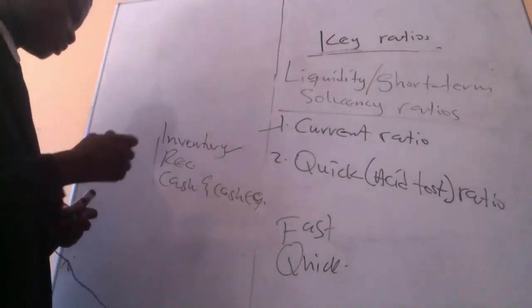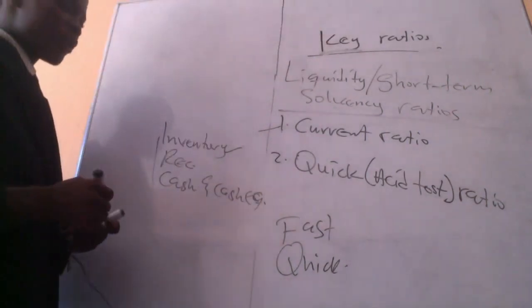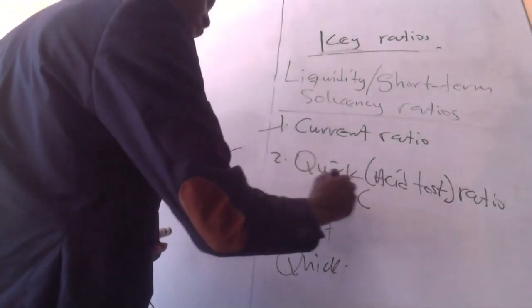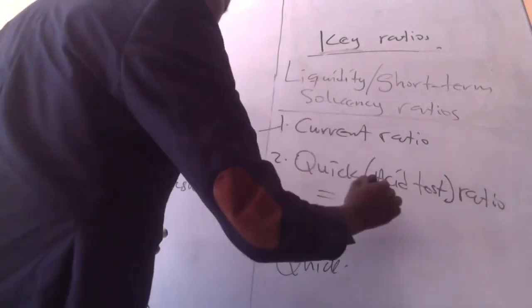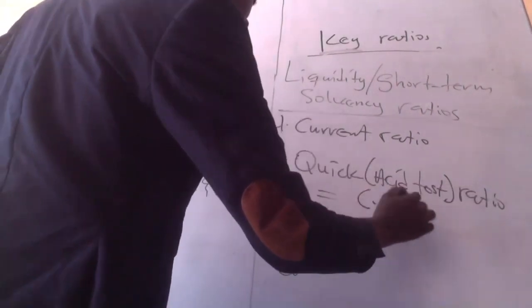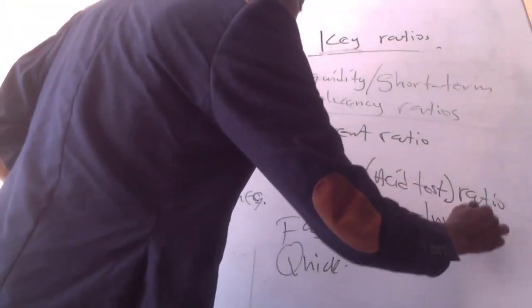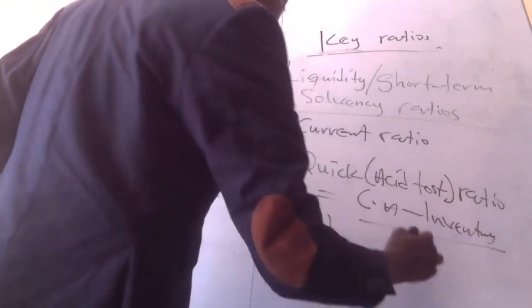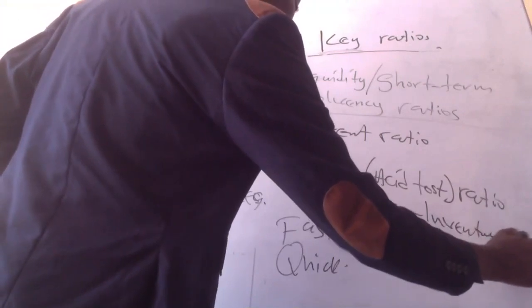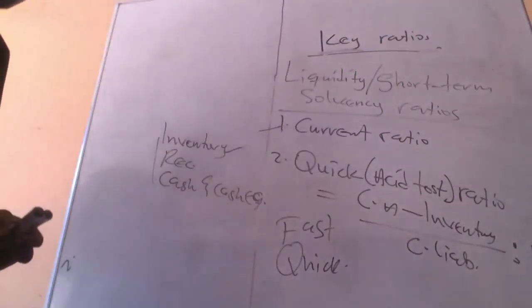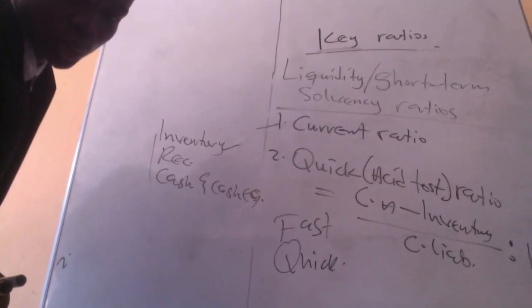So take notes. The formula will be your current assets less your inventory, all divided by current liability. It is X to 1.